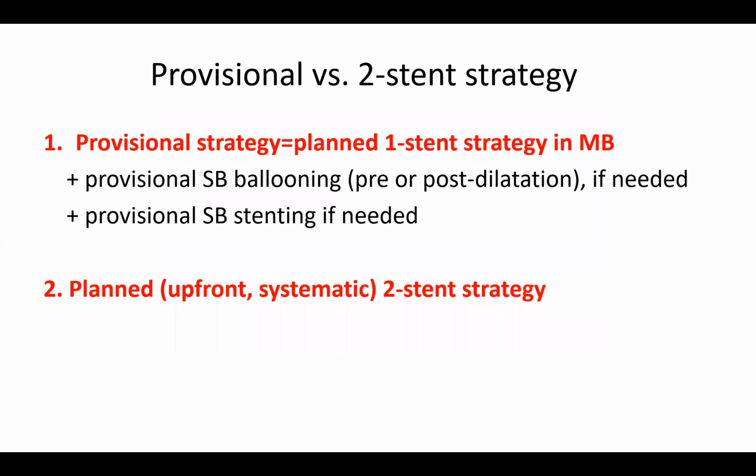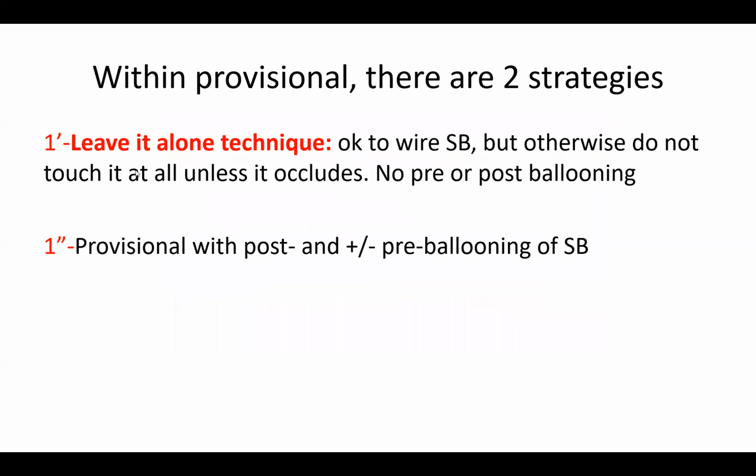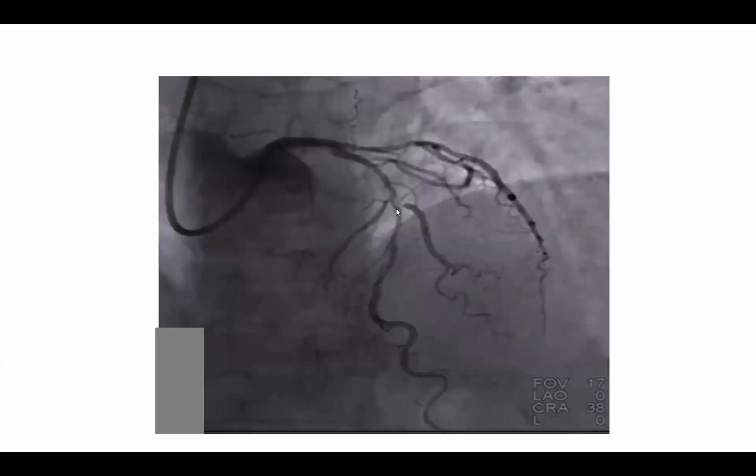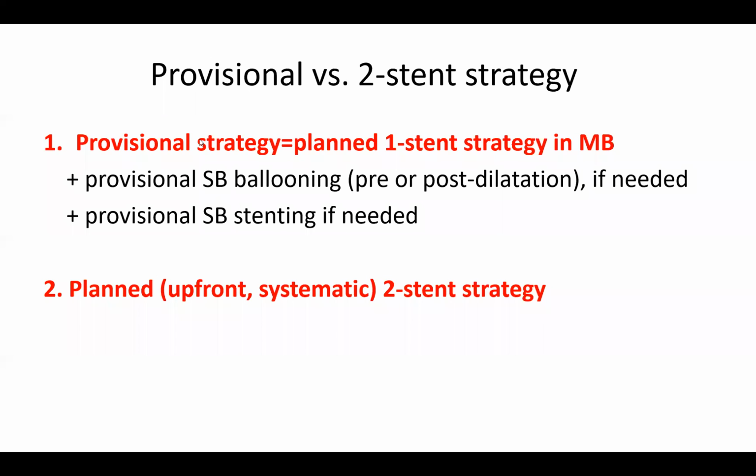This is what you call the leave it alone technique. The second sub-approach within provisional is where you plan on doing potentially pre-ballooning and mostly post-ballooning and possibly stenting if needed. So within provisional, there is a very conservative approach, and there is one that is a little more aggressive. So we have grossly three approaches to stenting of bifurcation disease.